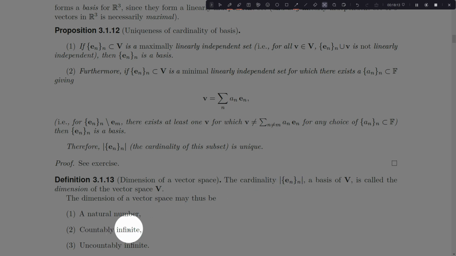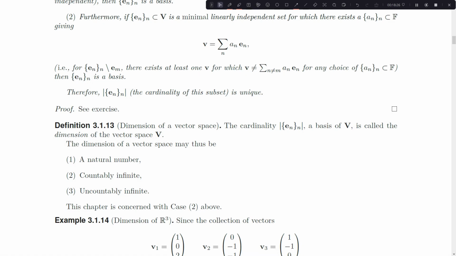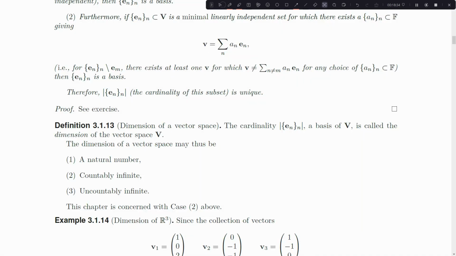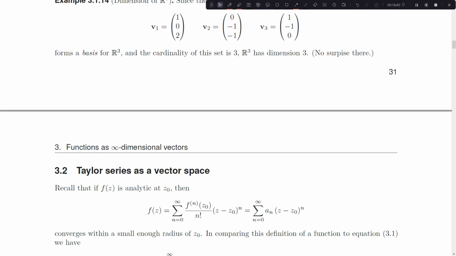We have the countably infinite sets, we have the uncountably infinite sets. Now, of course, uncountably infinite sets can be broken themselves into a huge hierarchy of alephs, but primarily in this chapter, in this course, we're focused right here, the countably infinite vector spaces. Okay, well here we can compute the dimension of R3, no surprise there, it's 3.